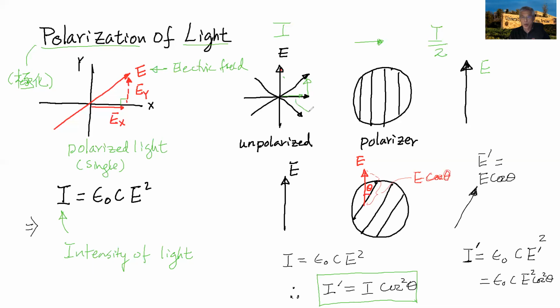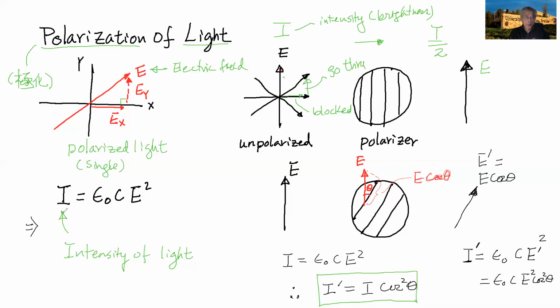So this one here will be blocked, and this one here will go through. So when unpolarized light goes through a polarizer, it becomes half the intensity, and this I is intensity here. Intensity is the brightness of light.